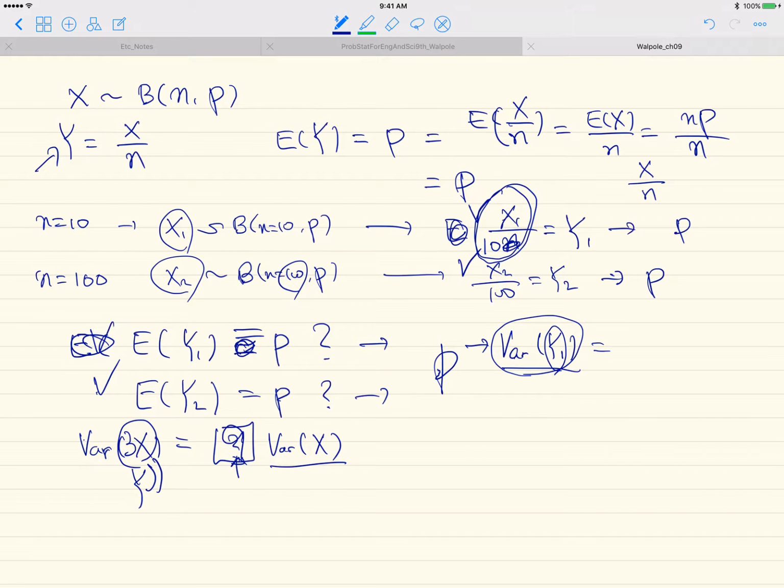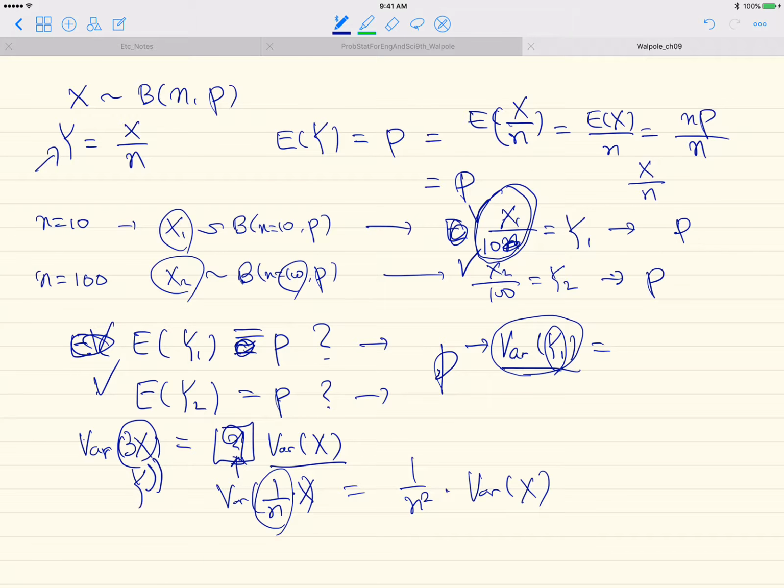So in this case, we consider the new variable x divided by n. The variance is 1 over n squared times the variance of x, right?